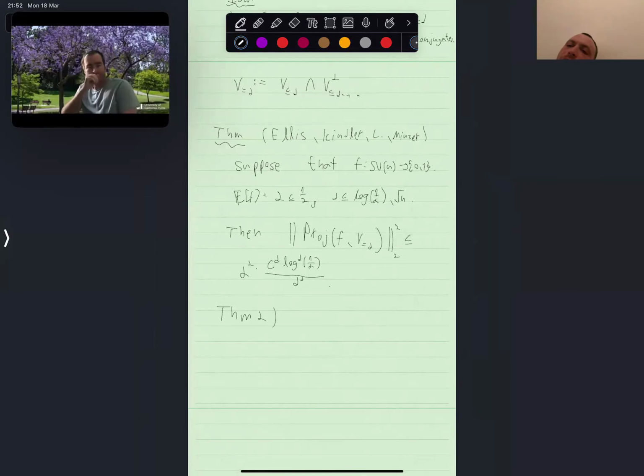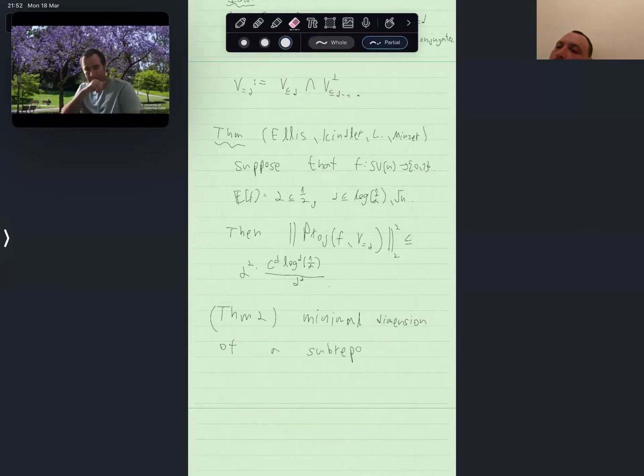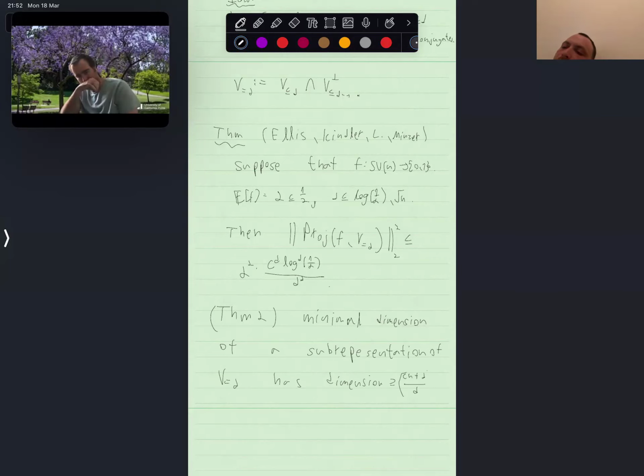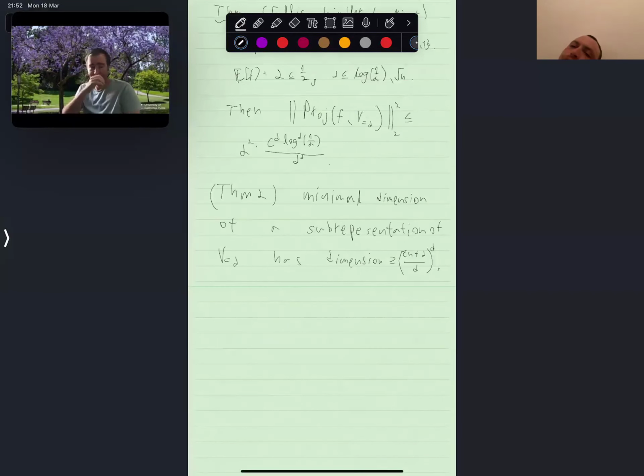and another theorem is that the minimal dimension of a subrepresentation of V equal to D has dimension at least Cn plus D over D to the power D for some C greater than 0.